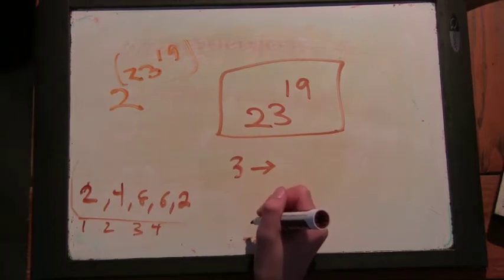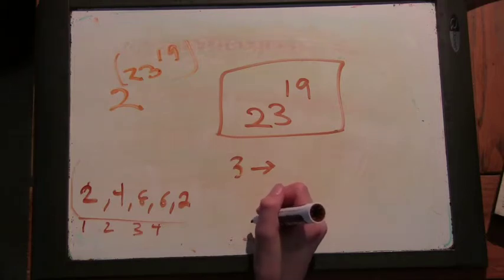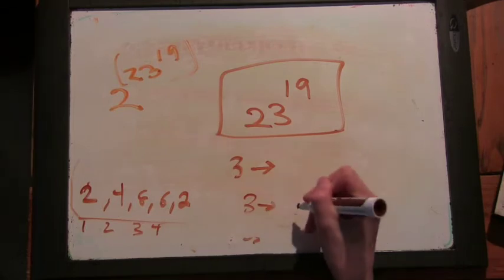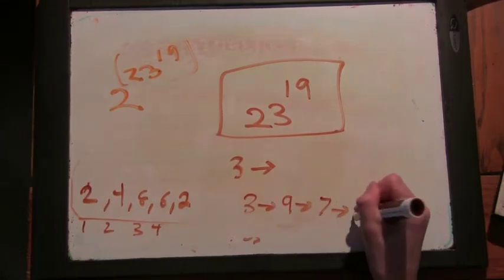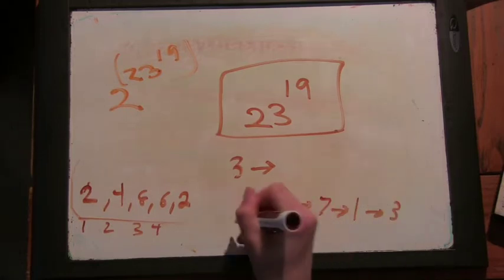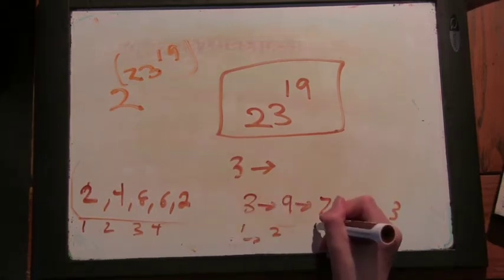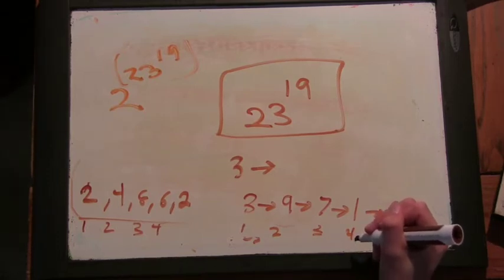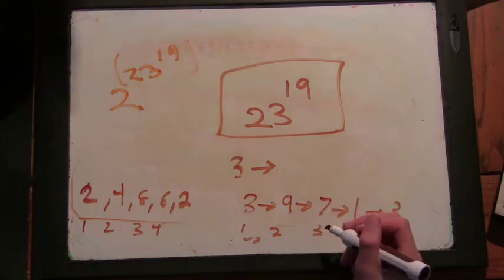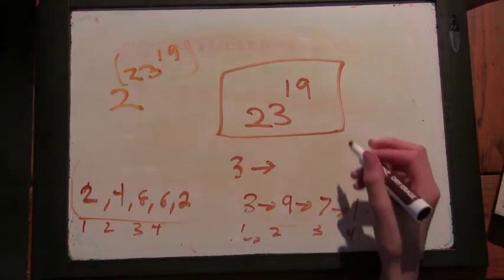It might be worth writing 3's last digit pattern. So 3 goes to 9, 7, then 1, and then 3 again, so it's also mod 4. So we have 19 is 3 mod 4.